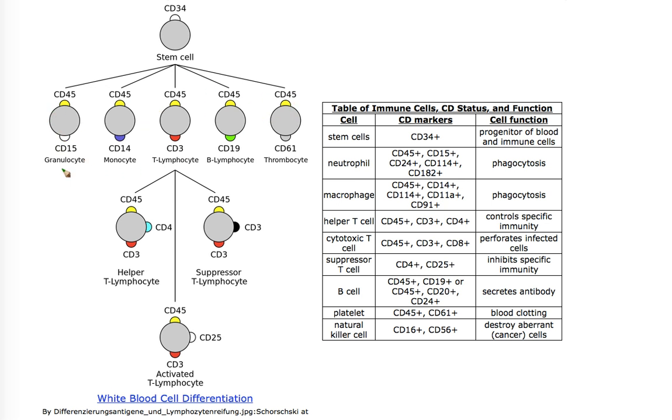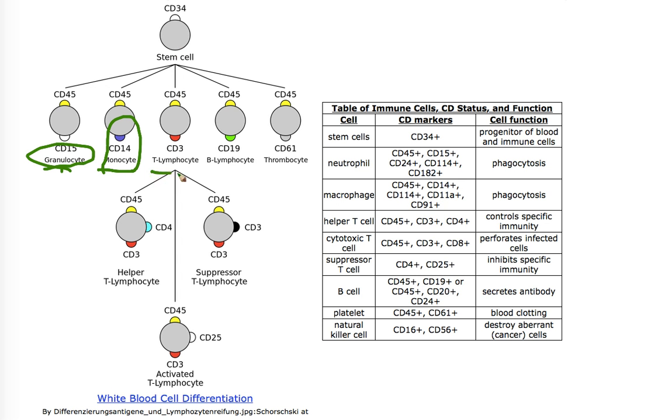Some of the cells that stem cells produce are granulocytes, which are the basic war machine of the human immune system. Some of them become monocytes, which are superheroes compared to just ordinary soldiers.